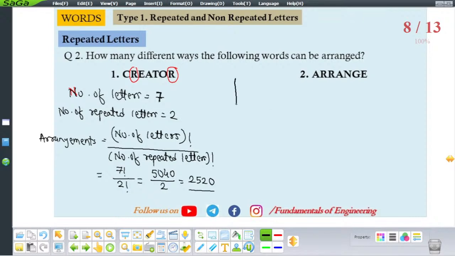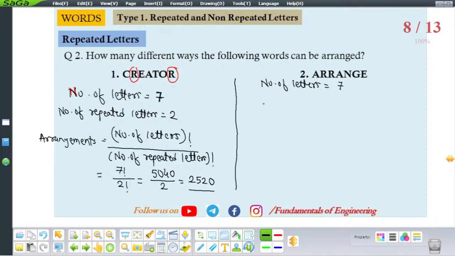Now one important point we have to remember whenever we have a repeated letter, which we can see using this second example. First count how many letters there are: 1, 2, 3, 4, 5, 6, 7. Again 7 are there.